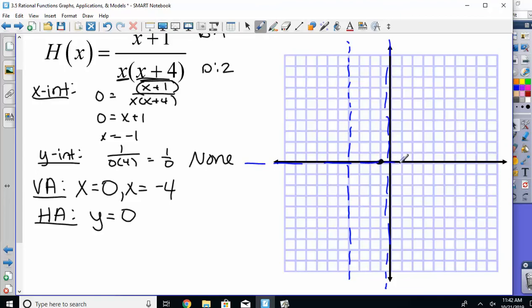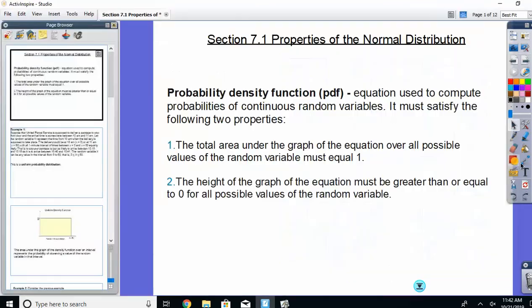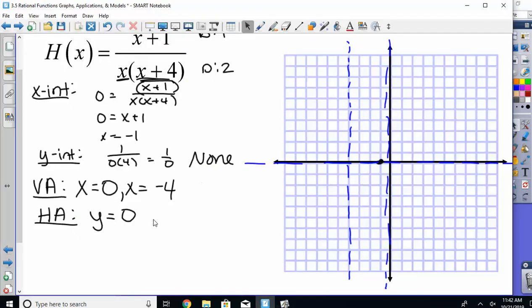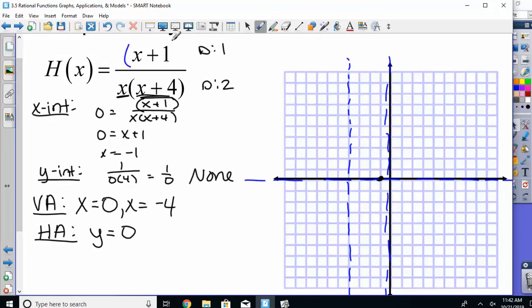Y equals 0. Okay, and then we use our calculator to fill in the gaps. I want to caution you on something. Your denominator, if you just type it in like this, you're going to miss it. You have to put another set of parentheses around the entire denominator to make it graph properly.